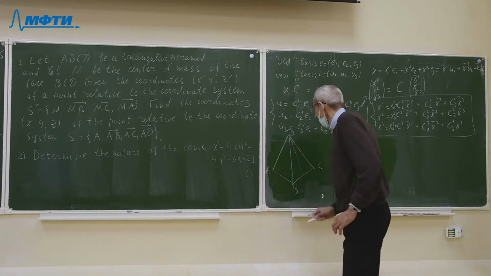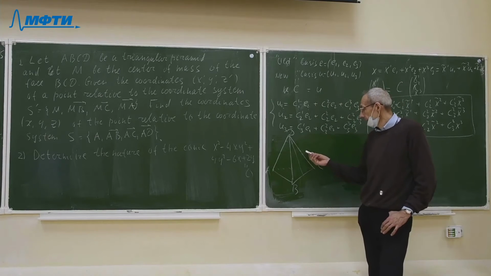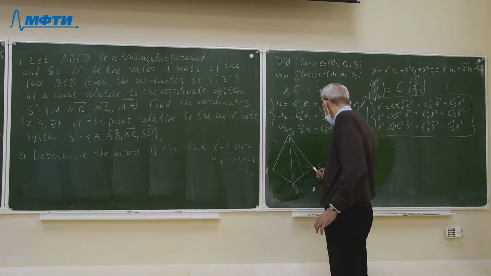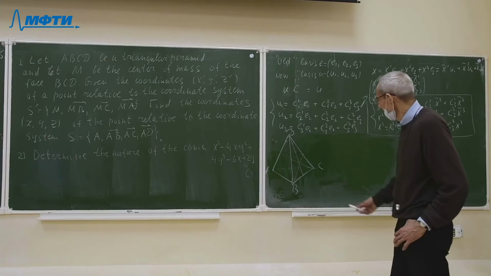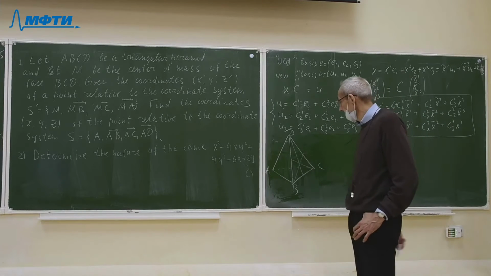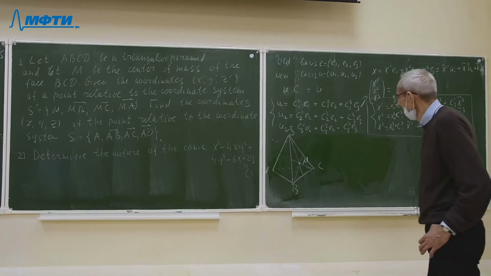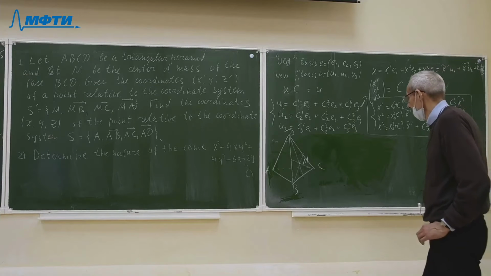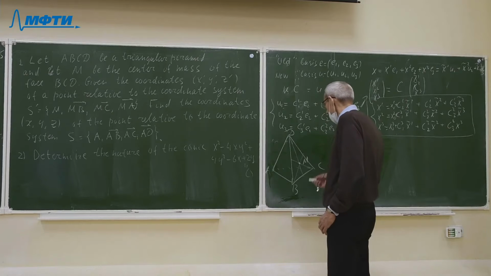The center of mass is the intersection point of the medians of this face. This face is a triangle, and M is the point of intersection of the medians of this triangle.